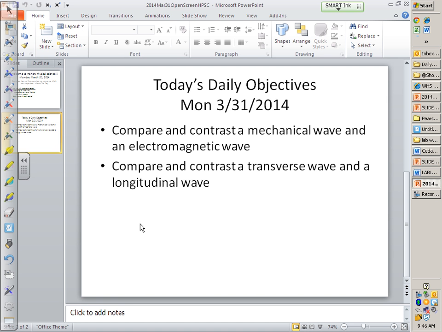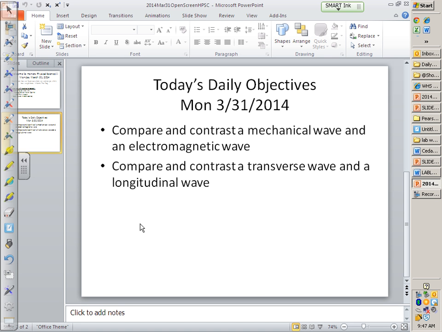They both are responsible for taking energy from one place to another, so that makes them similar. How about different? What's the one big difference between them? Catherine, go ahead. Mechanical waves need a medium and electromagnetic waves don't. What's a medium, Catherine? It's something that the energy passes through. That something has to be what? Matter, right? It's matter that the energy passes through, and that's the wave, okay?